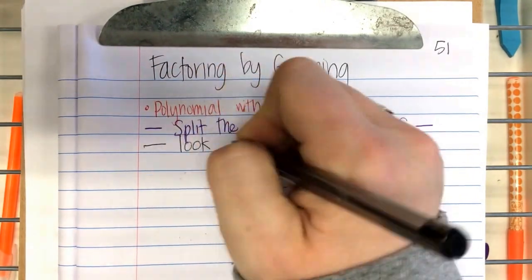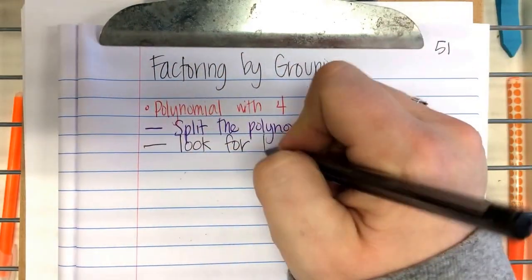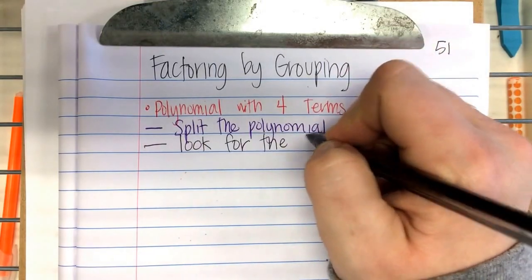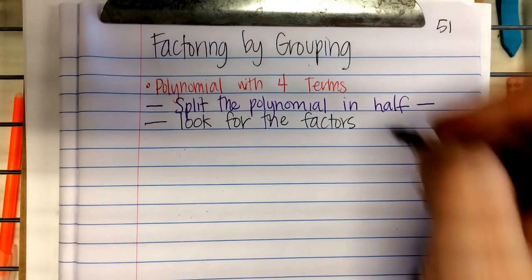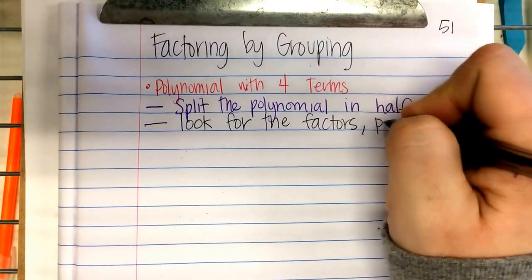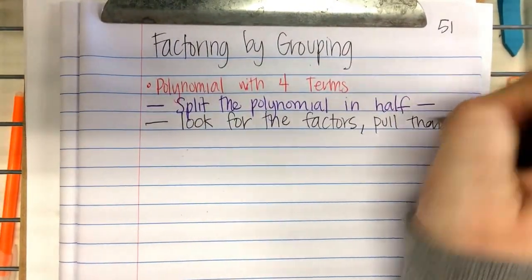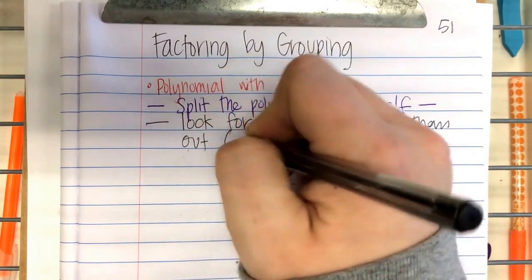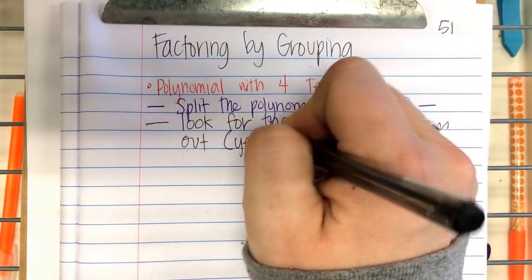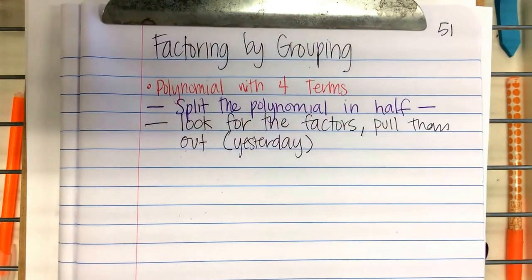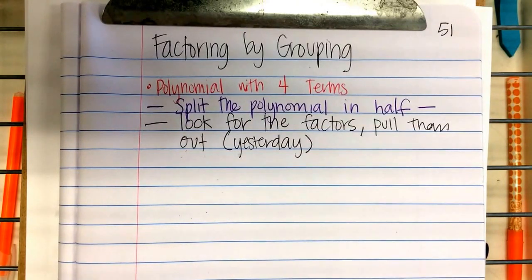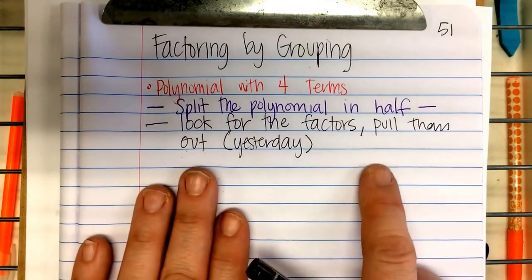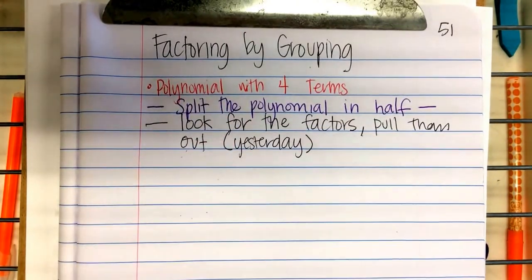You look for the factors and pull them out. This is what we did yesterday. You look at the first 2 and factor it. Then you look at the last half, the second 2, and you factor it.